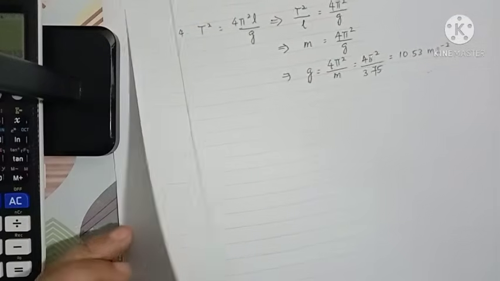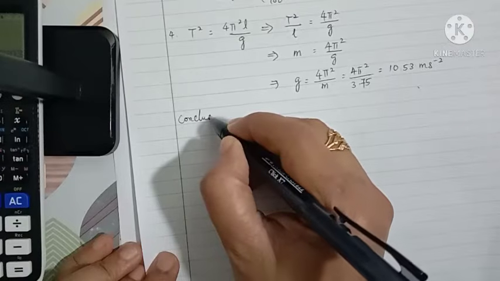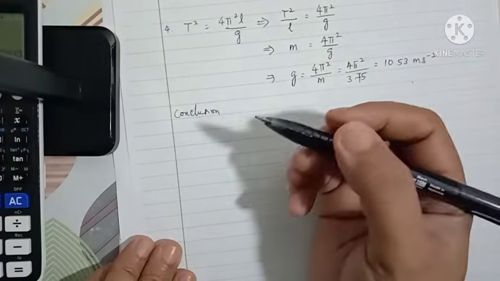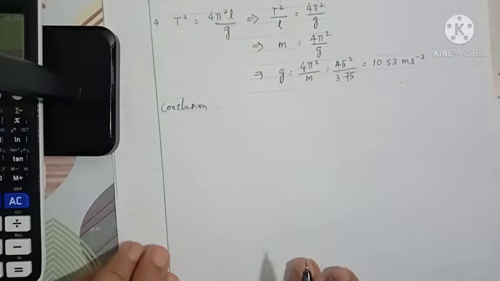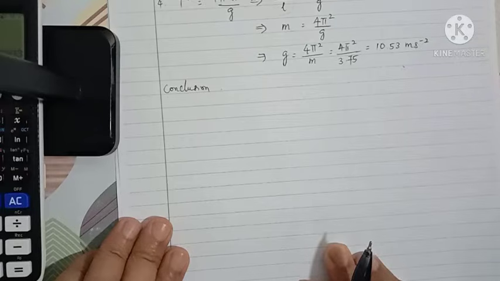So what conclusion can you make based on this? Conclusion? To write the conclusion, you go back to the hypothesis. Can the predicted result or hypothesis be accepted or not?